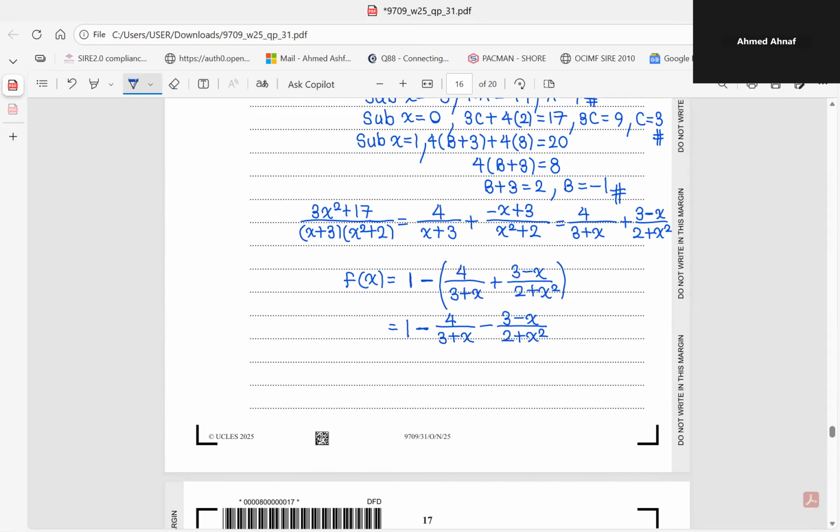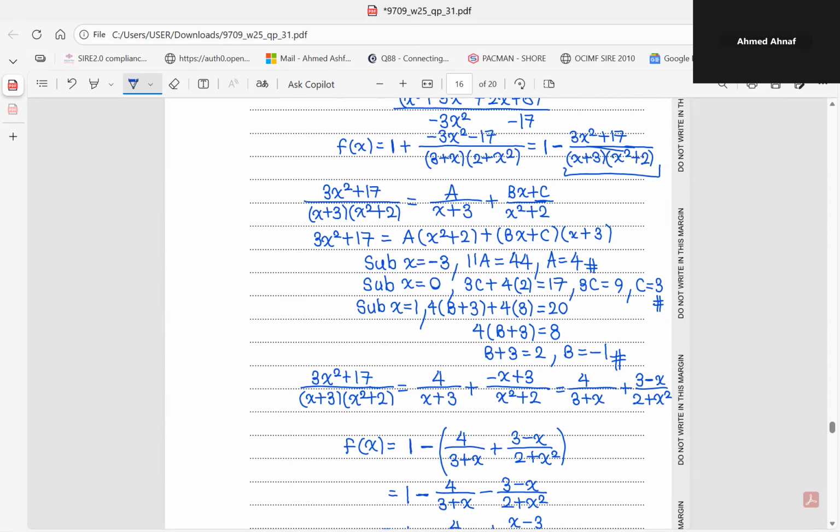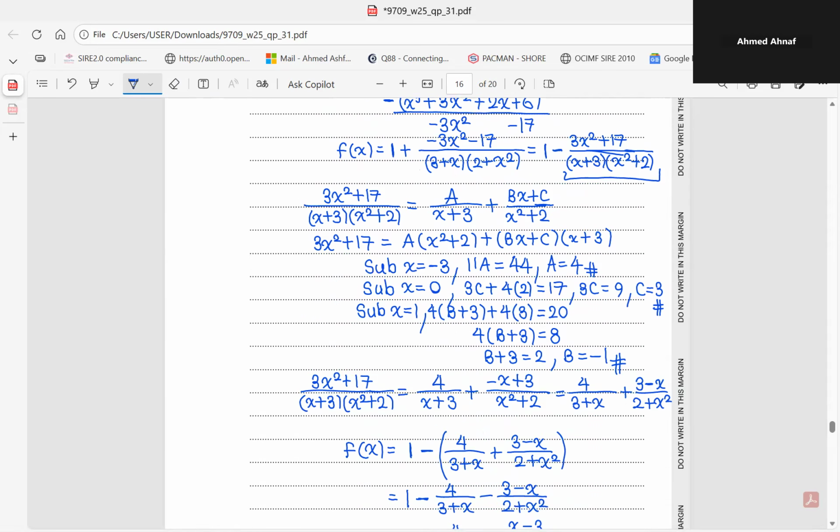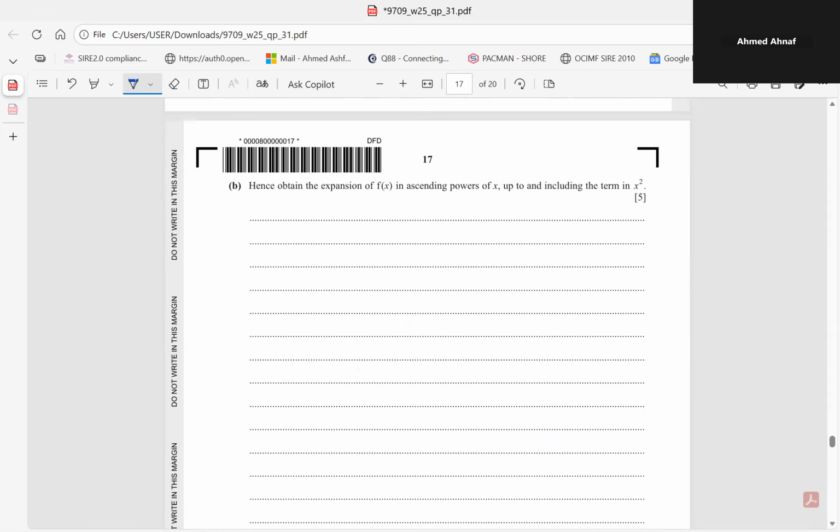And since I don't like the negative sign here, I'm just going to factorize it out, but this one's up to you. So 1 minus 4 over 3 plus x plus (x minus 3) over (2 plus x squared). Yeah, so this would be our final answer for the first part. Let's head on to the second part.